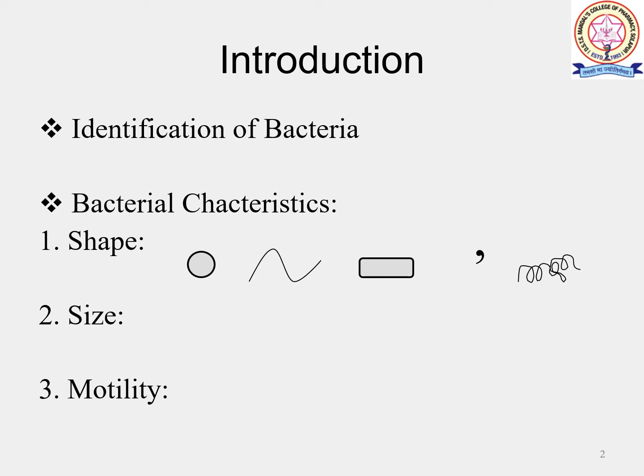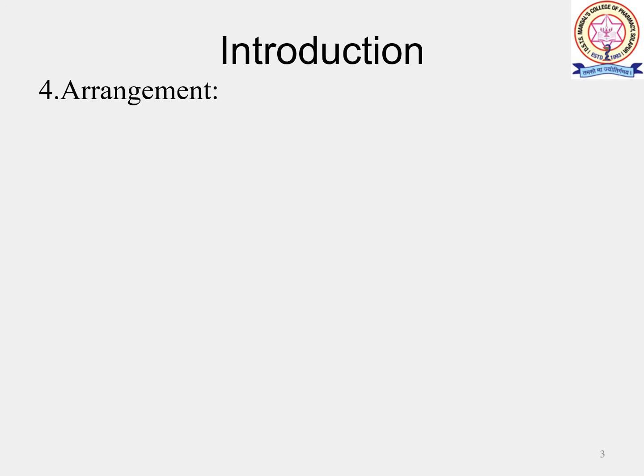Next is the motility. So bacteria may be motile or non-motile. For identification of motility, the hanging drop method is used. Next part is the arrangement of the bacteria. They may have different types. First involves the cocci.